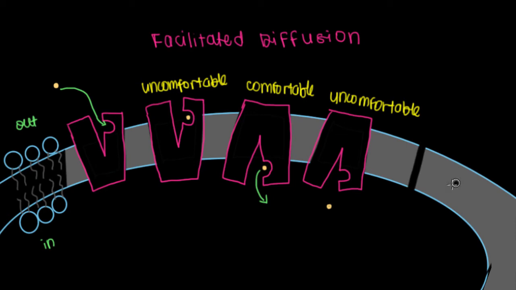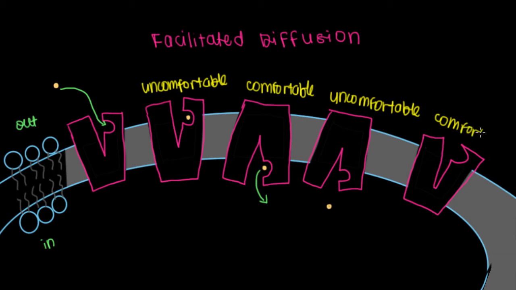And when it shifts, what shape do you think it's going to take? I think you probably guessed it. It's going to look exactly like what the protein did before it made contact with the chloride in the first place. And so now it's comfortable again. It's nice and comfy, and in fact, it's ready to take on another chloride ion.